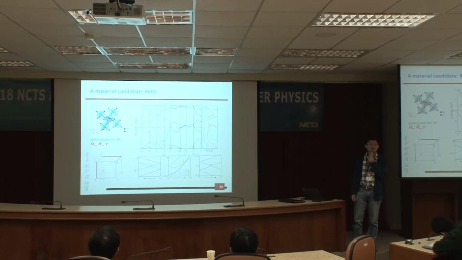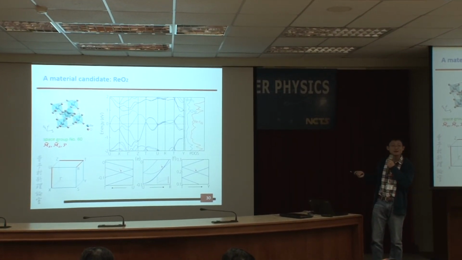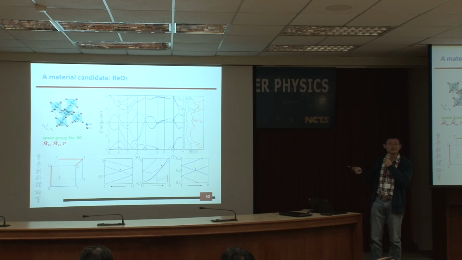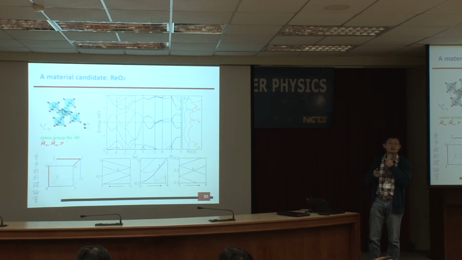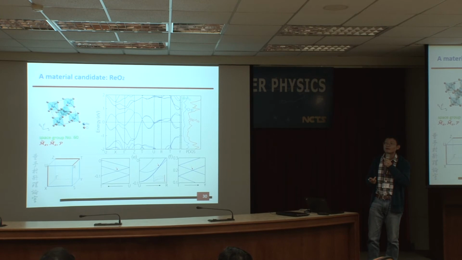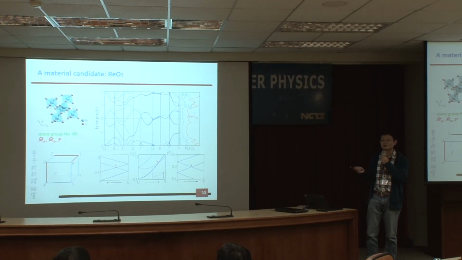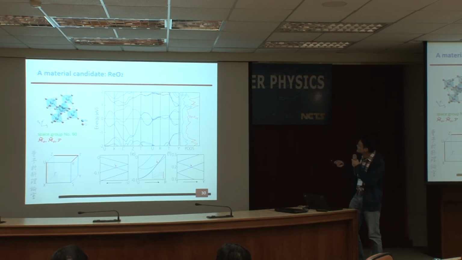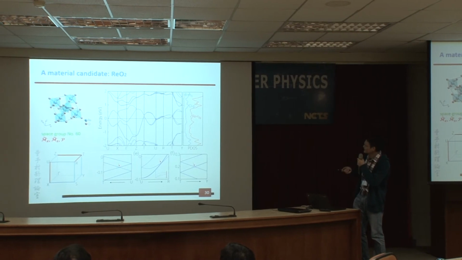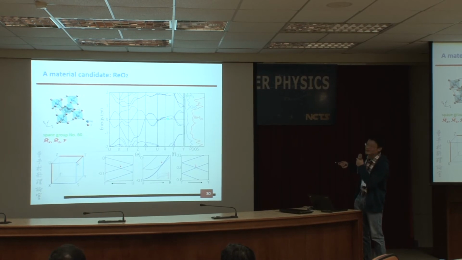Not on the transport or other properties, because we searched the literature, and the papers studying this are quite old, in the 60s or 70s. People did measurements and confirmed it's a metal and paramagnetic, and I think they don't have more conclusions on that. So I think it definitely deserves more careful study. But I use this one as a candidate for the new phase, the so-called Dirac chain. But we can see the band structure is not so good.